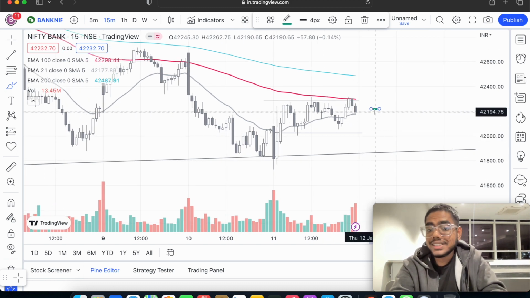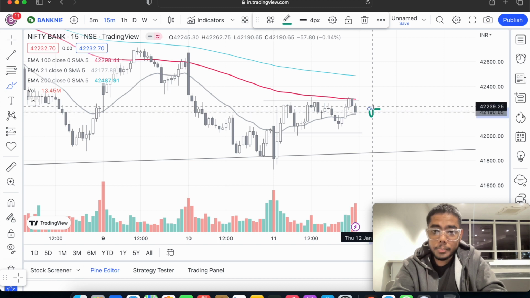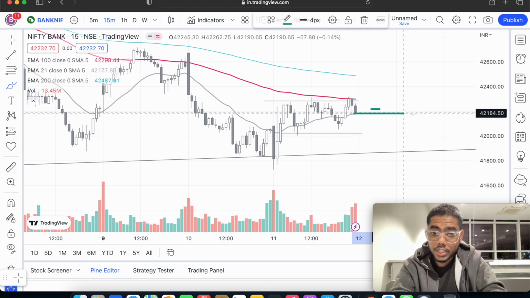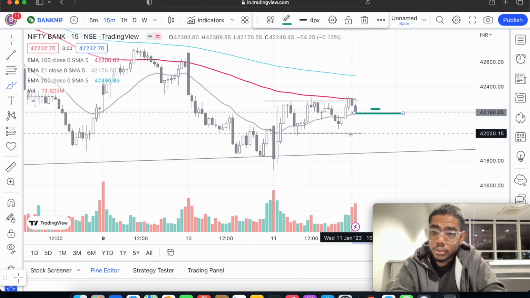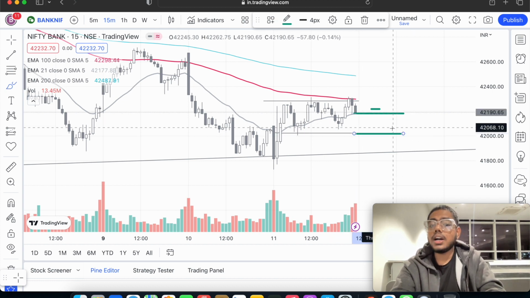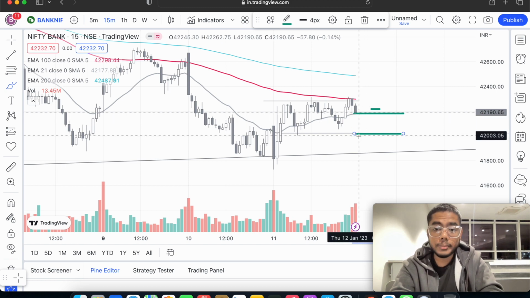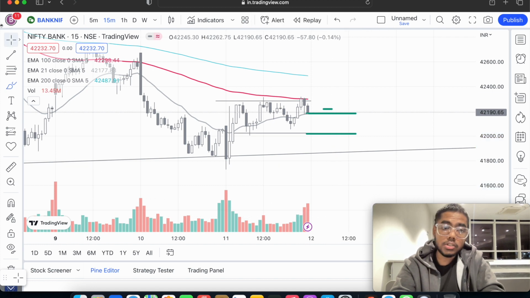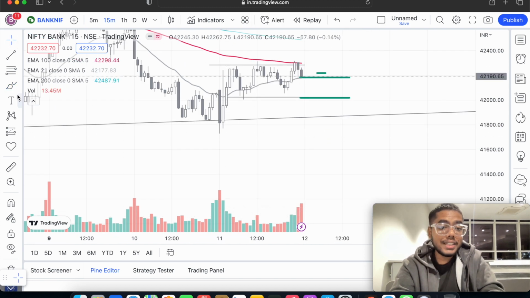If it is on the selling side, if the price quickly breaks the mark of 42,100 followed by 42,000, these two are very crucial levels for tomorrow. If these get broken with strong momentum, then we can actually witness a major breakdown in Bank Nifty, right? So that is the plan here.